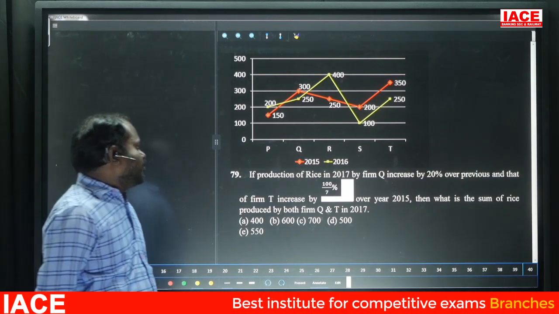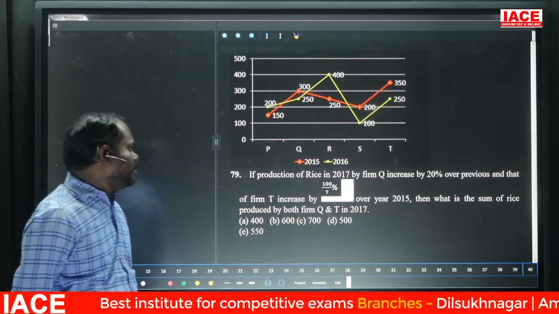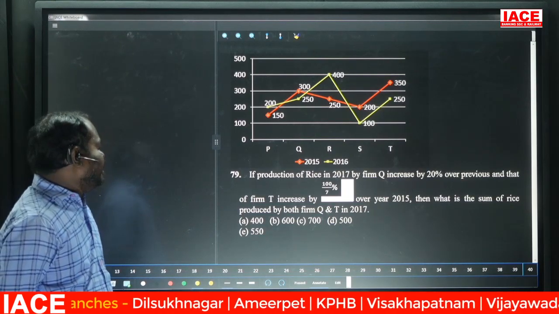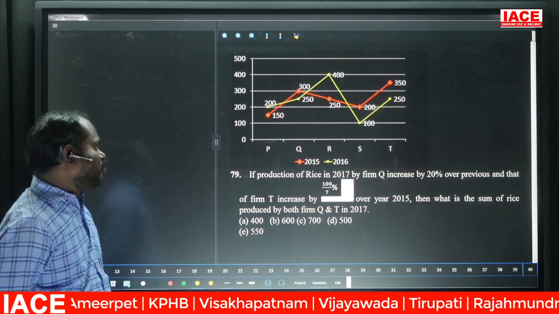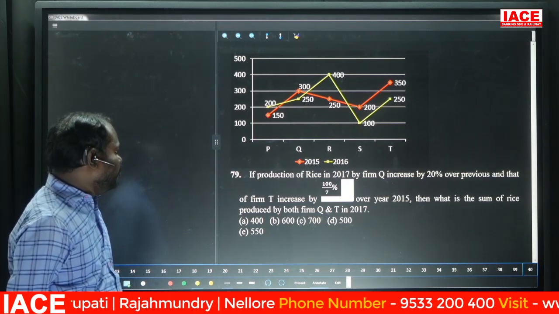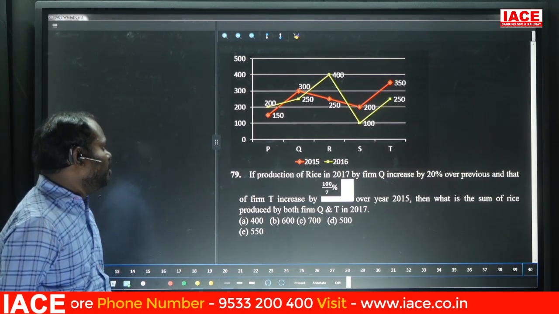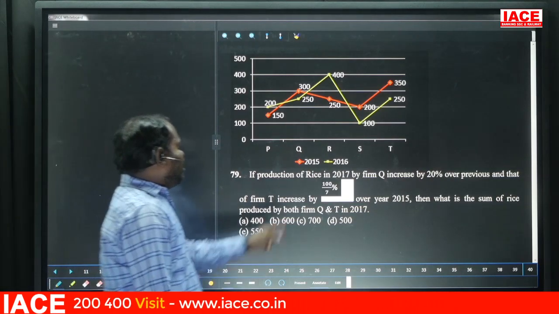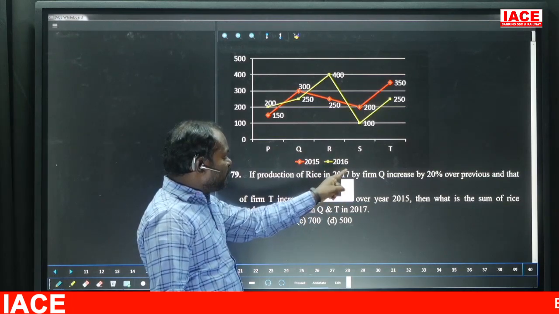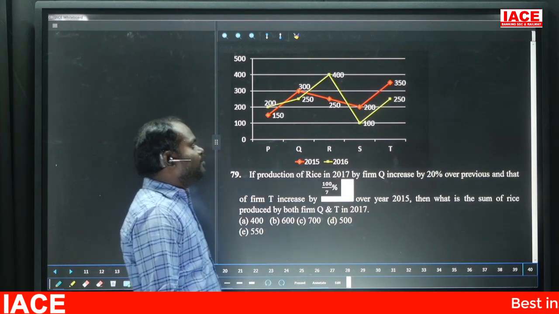Question 79. If the production of rice in 2017 by firm Q is increased by 20% over the previous year and that of firm T is increased by 100 by 7% over 2015, then what is the sum of the rice production of both firms Q and T in 2017? First, for 2017, firm Q is increasing by 20% over the previous year.